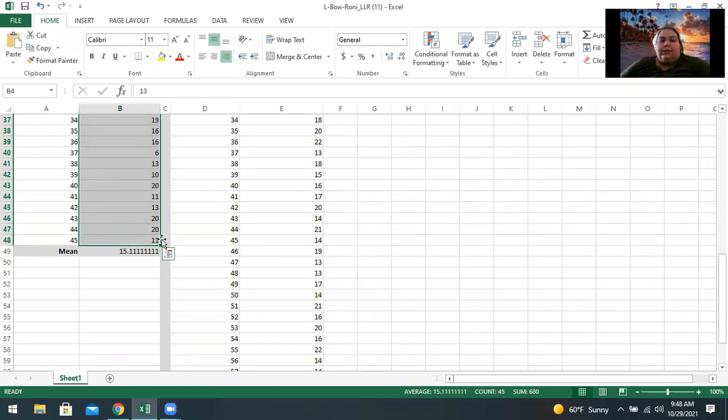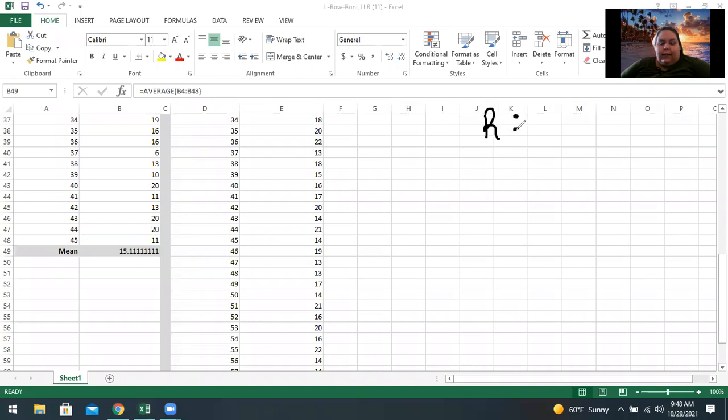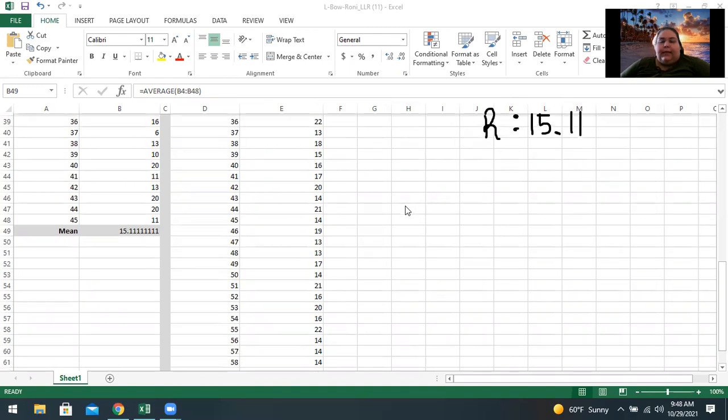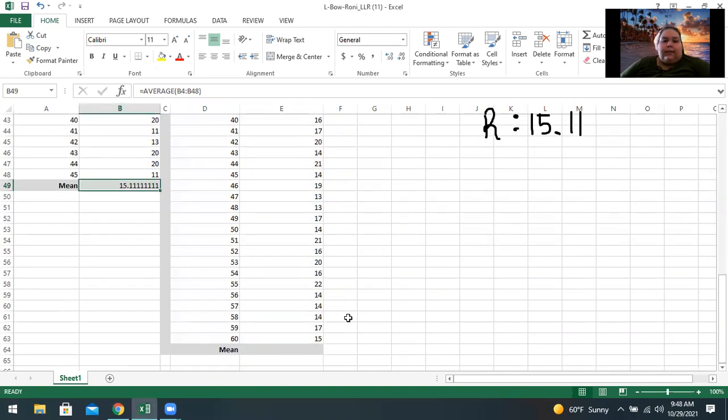With Excel, there's a beautiful option where we can select the average, and it gave it to us here. We'll put that on the side. For the red box, rounding to 2 decimal places, or to the nearest 100th, this is 15.11. Now we're going to do the same thing here.